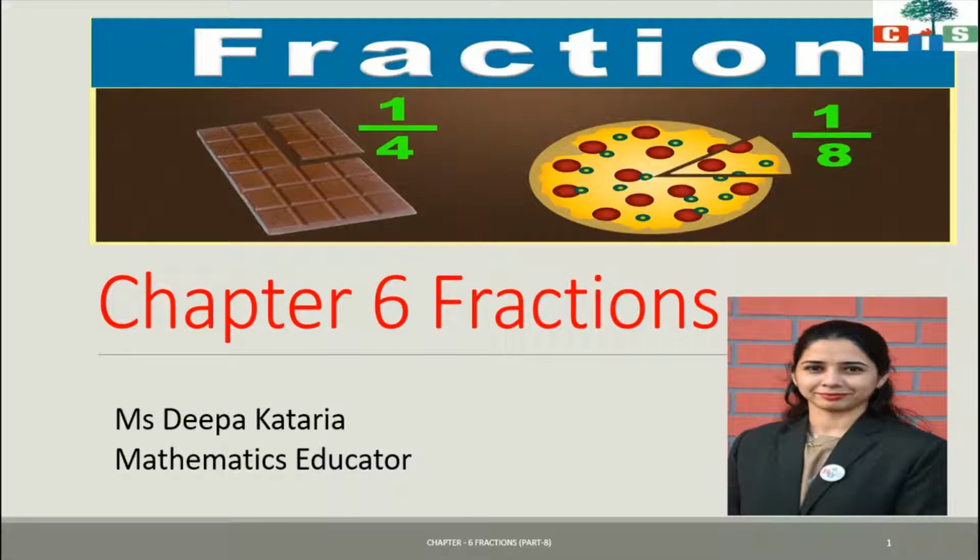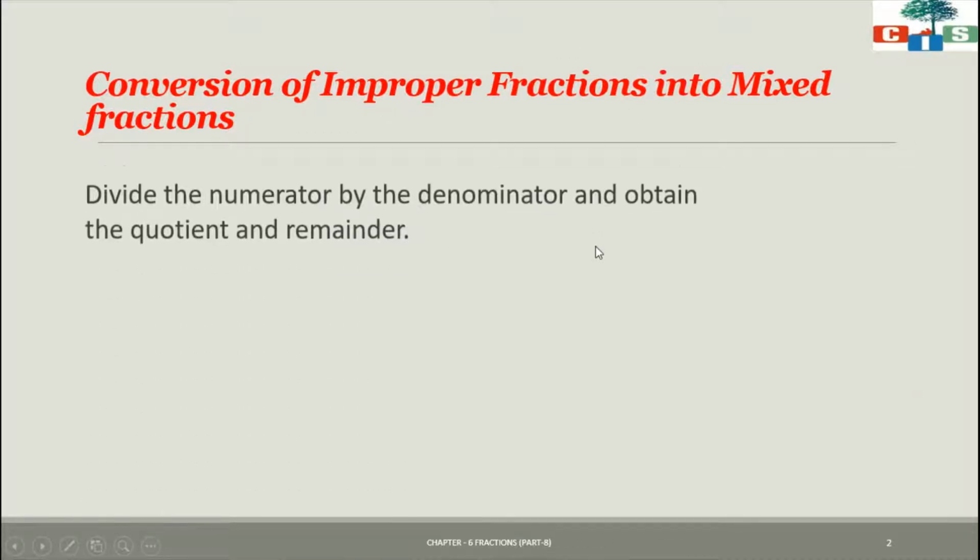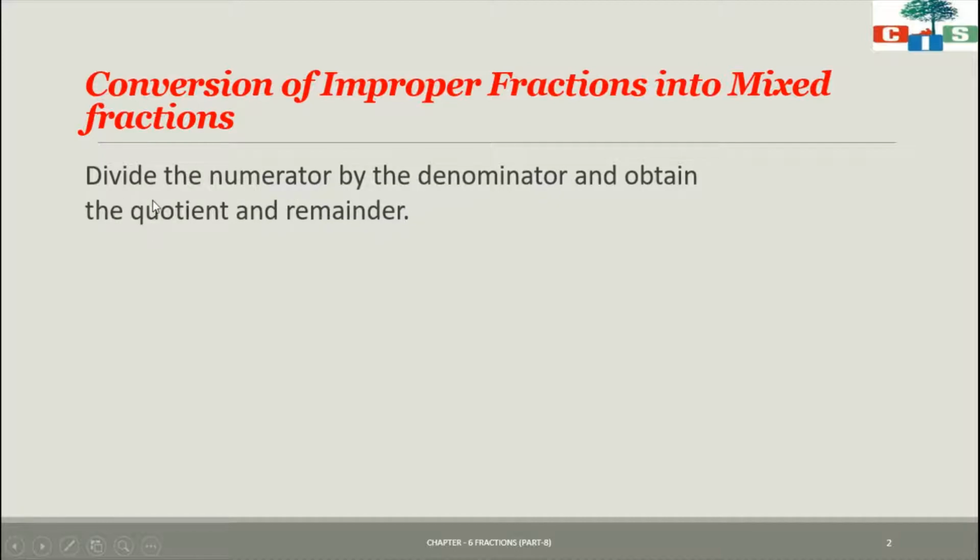Okay, before starting with the concept, I will tell you the conversion of improper fraction into mixed fraction. In our previous video, we have learned how to convert mixed fraction into improper fraction. Here we will learn how to convert improper fraction into mixed fraction. So see, first of all, you will divide the numerator by the denominator.